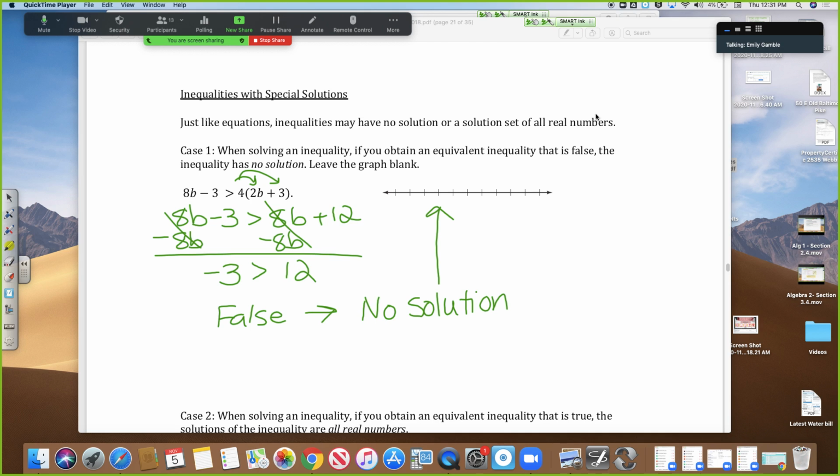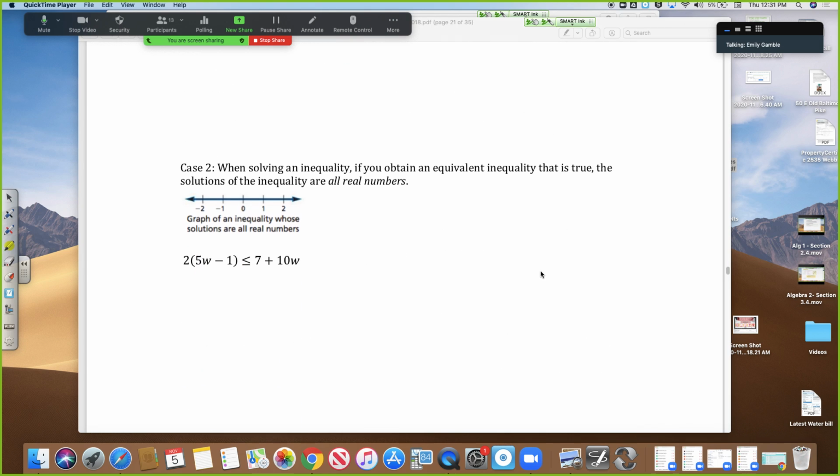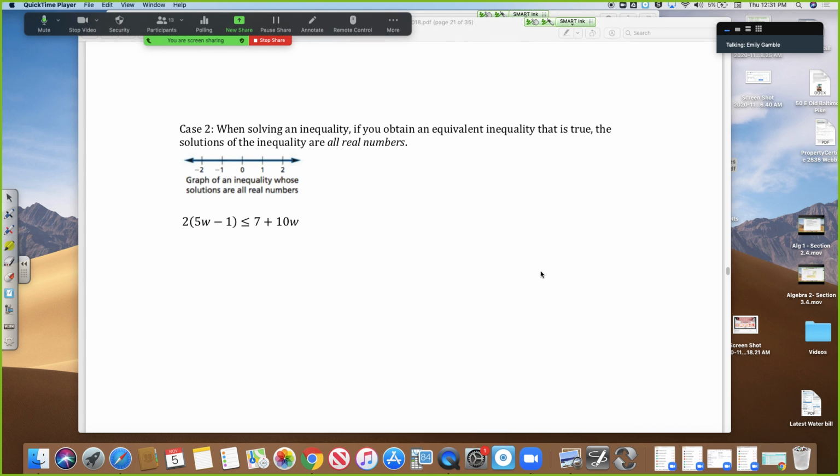The opposite of no solution is called either infinite solutions or all real numbers as solutions. If we look at the next case, it says when solving an inequality, if you obtain an equivalent inequality that is true, the solutions of the inequality are all real numbers. If I try and solve this problem, the first thing I would do is distribute.